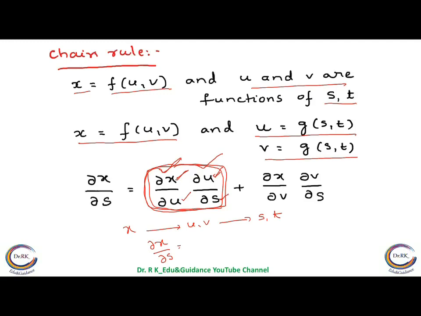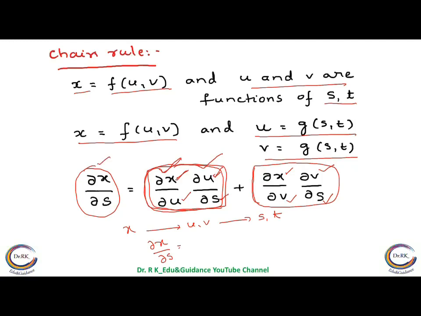Similarly, x is a function of v, which is also a function of s. When s varies, v also varies, and when v varies, x also varies. So this term indicates the change in x when s varies and in turn v varies. So this total is dou x by dou s, the total derivative of x with respect to s.